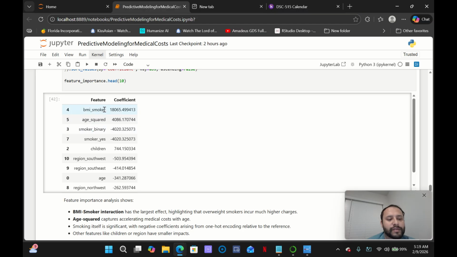The interaction feature between BMI and smoker, and its square, tend to have a large positive effect on the charges, whereas people with higher age also pay higher insurance costs.